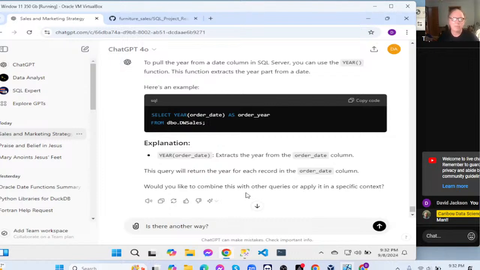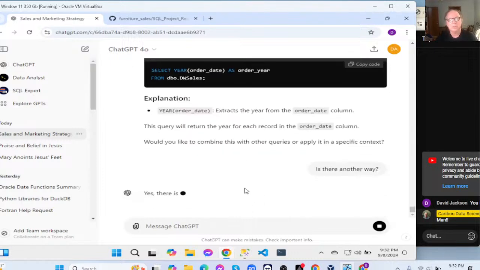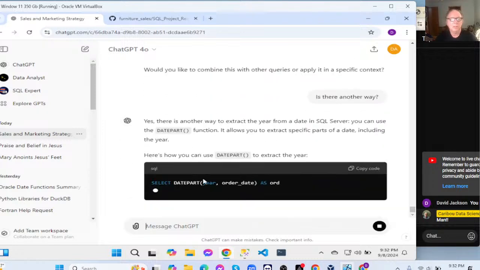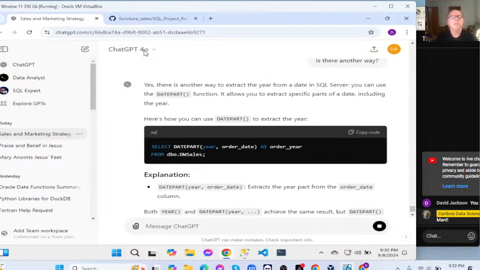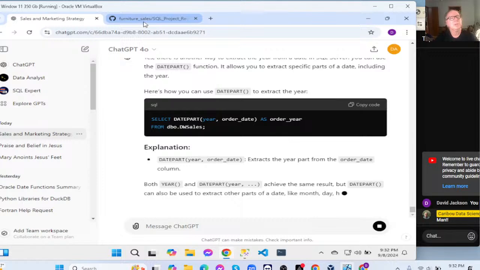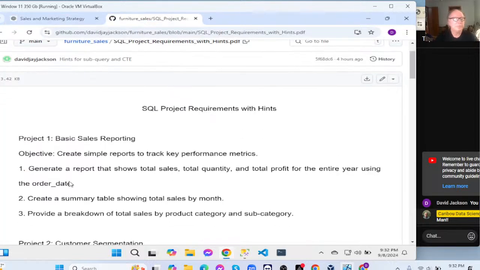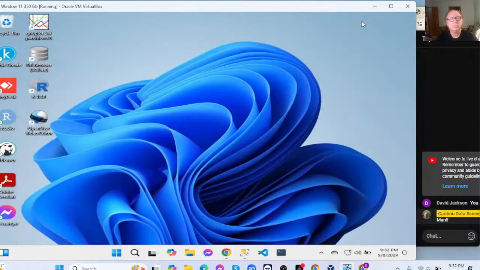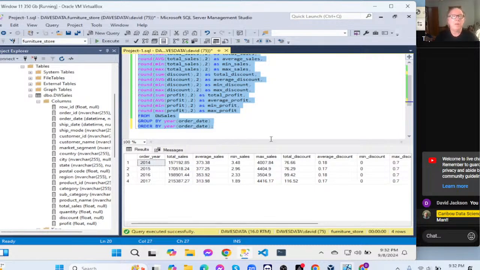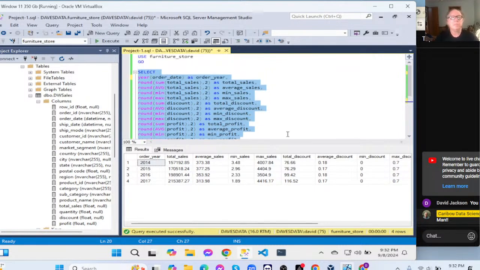See, it's got year. Now, I believe there's also a second one. I think there's a date part function you might be able to use. Yeah, date part, okay.